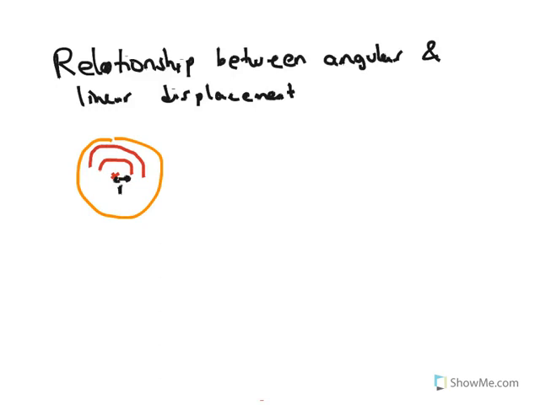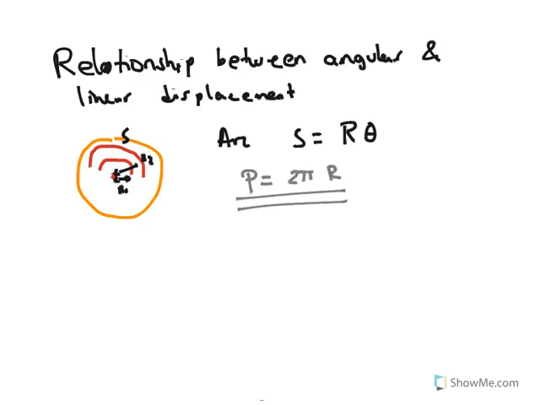So if we call this radius 1, and this one radius 2, the linear displacement or the arc that is generated is denoted with the letter S, and is equal to the radius times the angular displacement. This might be familiar because if we generate the arc for a complete revolution, that's the perimeter of the circle, 2pi radians times r.